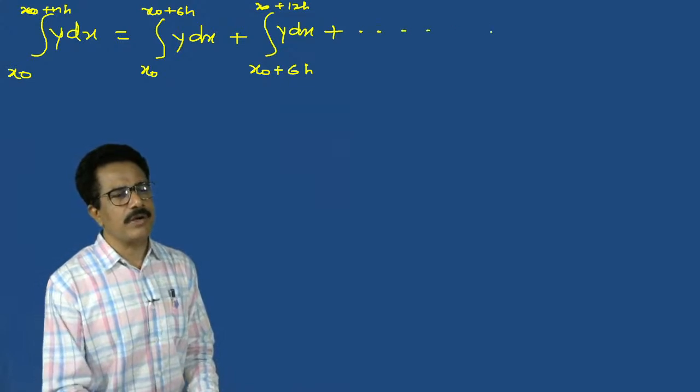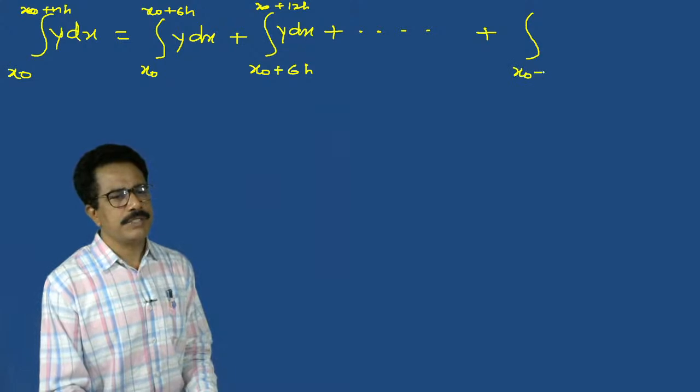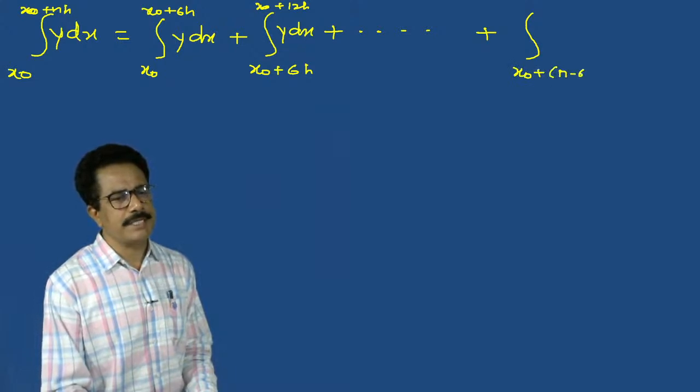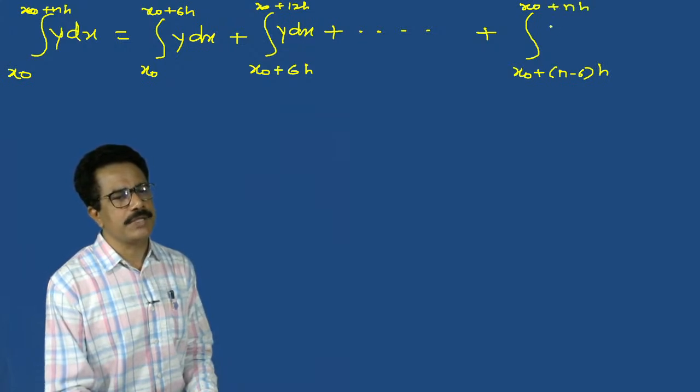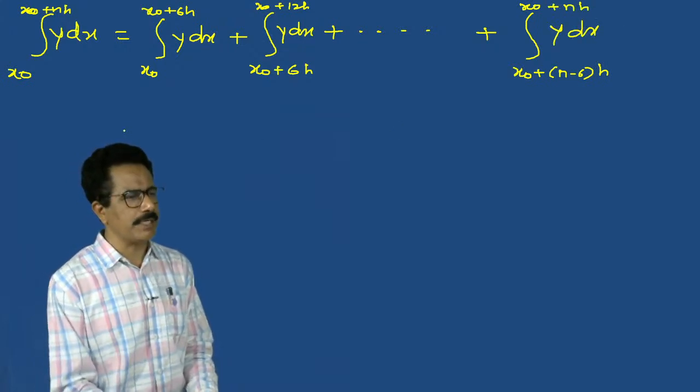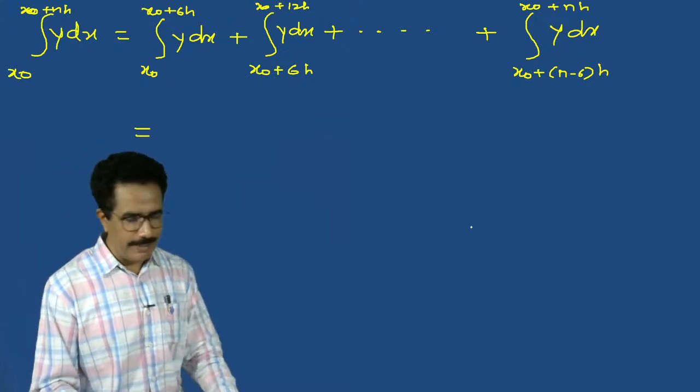In this way, the last term is the integral from x0 plus n minus 6h to x0 plus nh of y dx. This is the property of definite integral. Now put the values.